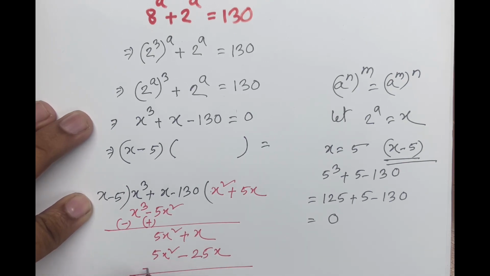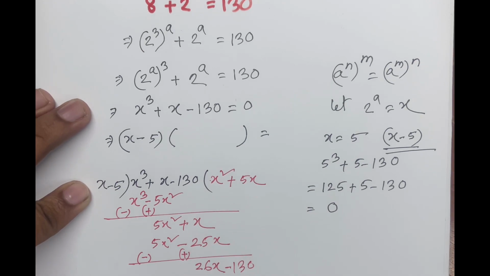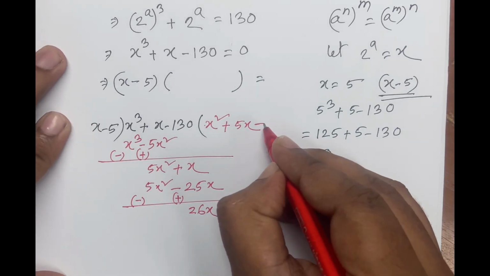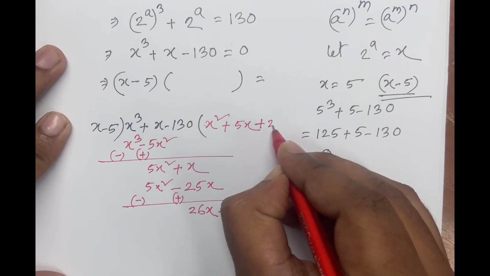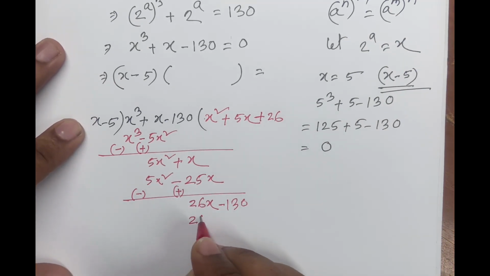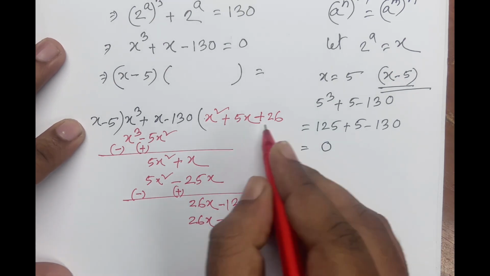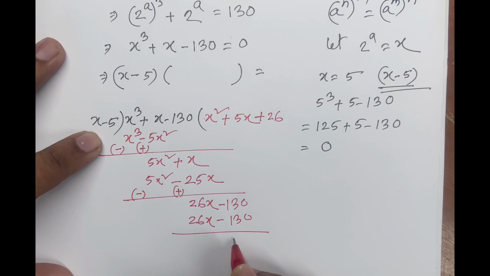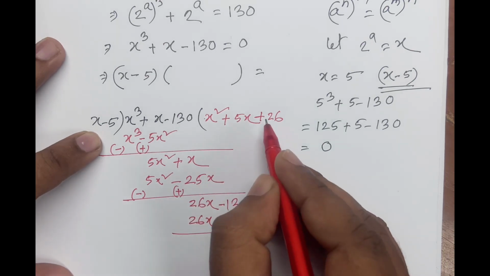Now change the sign. So 25x and x equals 26x - 130. Now I put 26: 26 multiply x equals 26x, and 26 multiply 5 is equal to 130. So this is one factor of this equation.